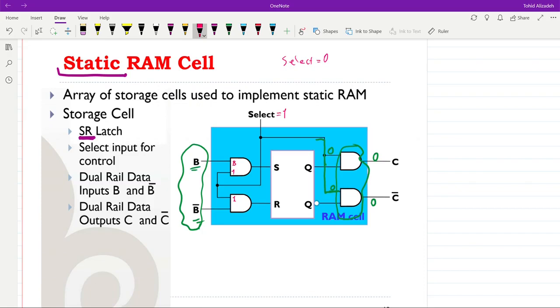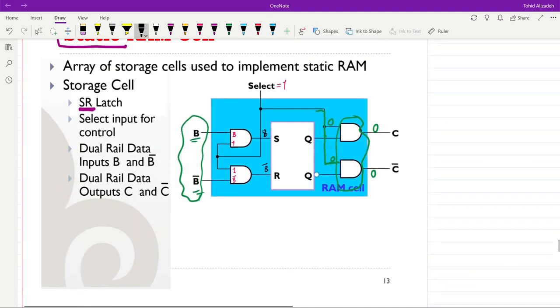Then we will have B and not B here, and therefore the inputs to S and R will be B and not B. Depending on the values of B and not B, the information stored in the cell could be changed. We can set it or we can reset it. Alright, so that's what we have for a single cell.